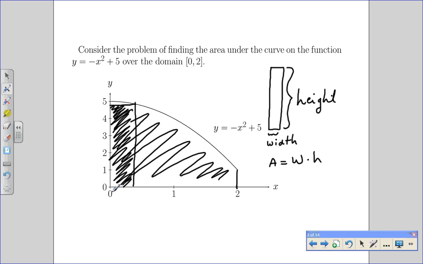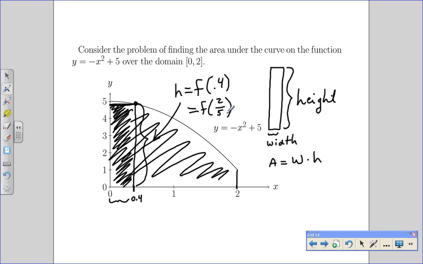And so the width of the rectangle, since I've chopped it up into 5 pieces, is 0.4. And the height is going to be the function value, because it comes right up to the curve. So the height here is the function value at 0.4. Or if you like fractions, the function value at 2/5.